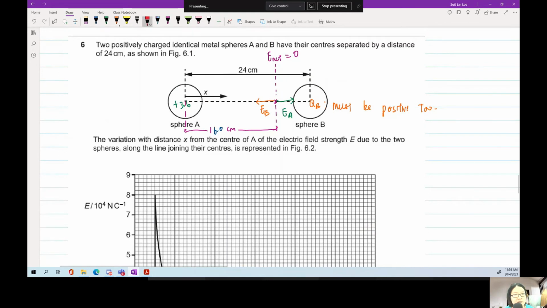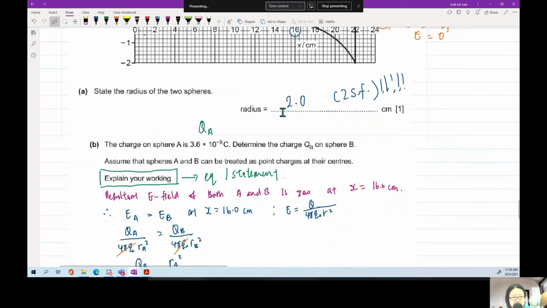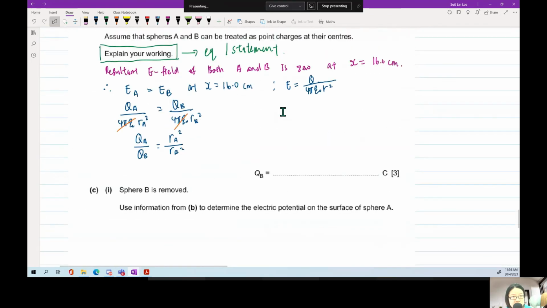So RA is equal to 16 cm, meaning RB, here to here is RB. RB is equal to 24 minus 16, 8 cm. So A is 16 and B is 8.